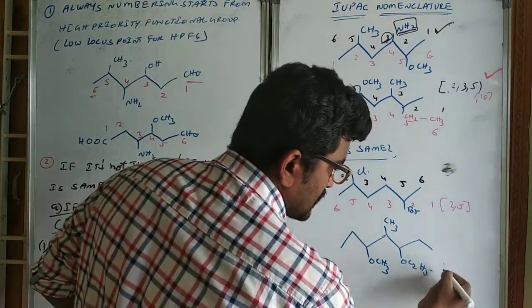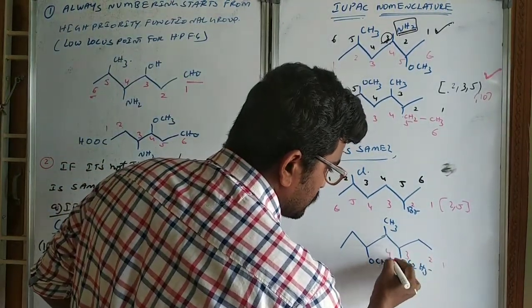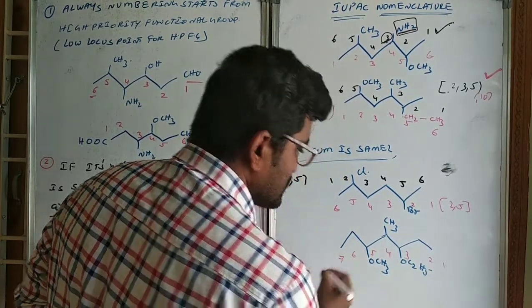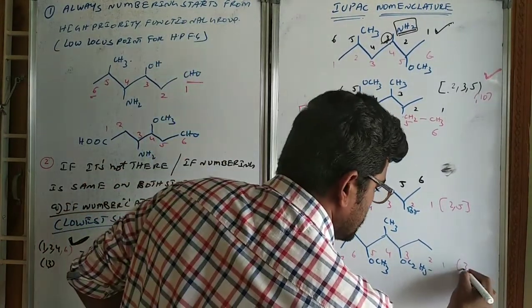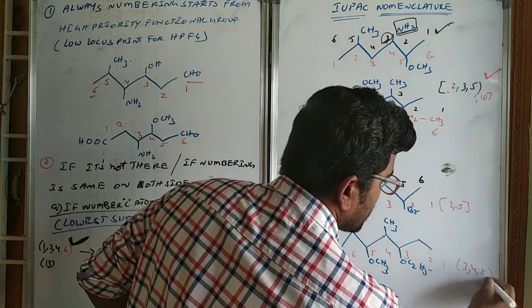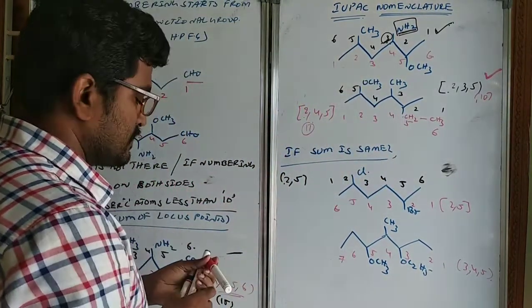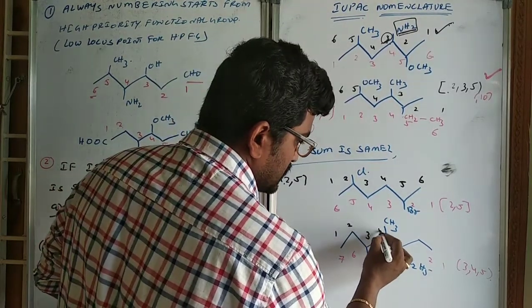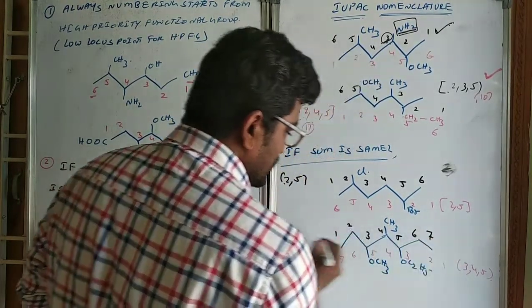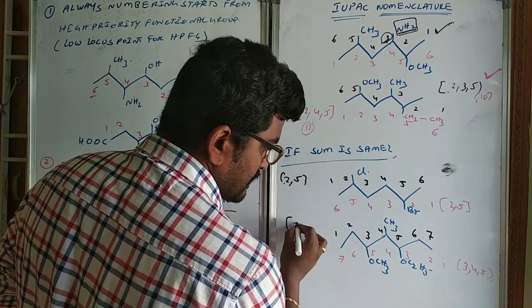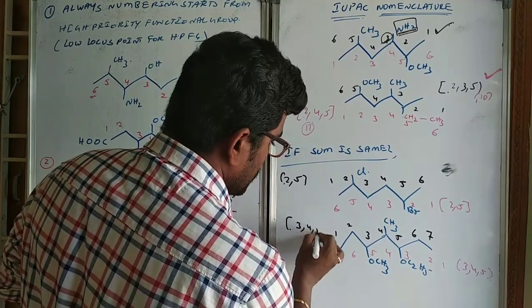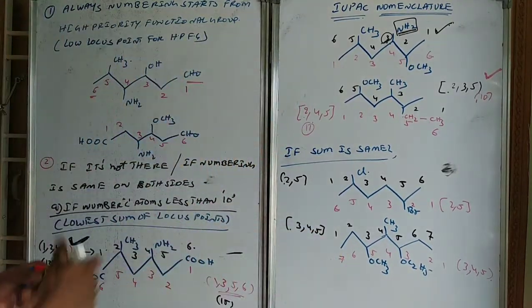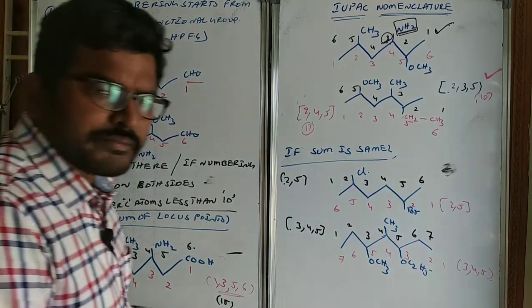In this case, 1, 2, 3, 4, 5, 6, 7. So 3, 4, 5. From this side you number, 1, 2, 3, 4, 5, 6, 7, and if you start numbering it is 3, 4, 5. In both cases the numbering is coming the same.